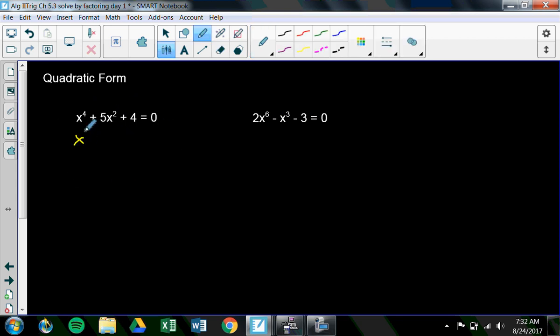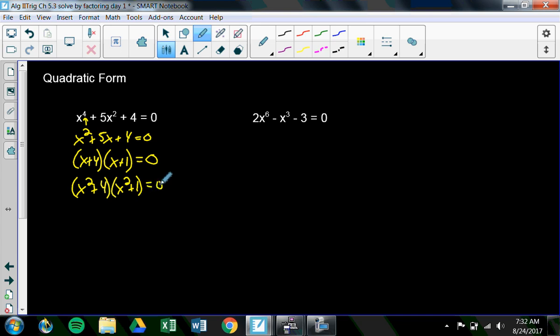So I'm going to treat this like it's x squared plus 5x plus 4 equals 0. And this factors into x plus 4 times x plus 1 equals 0. And now, because this was times 2, I'm going to tack a square onto these powers here. This factors into this.